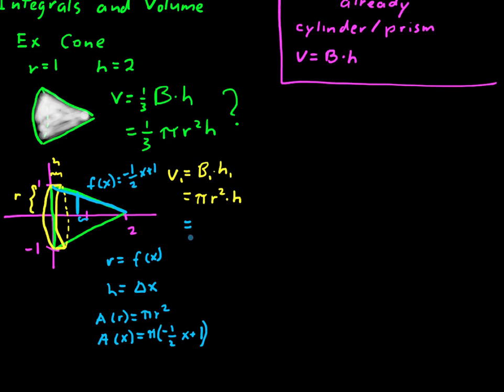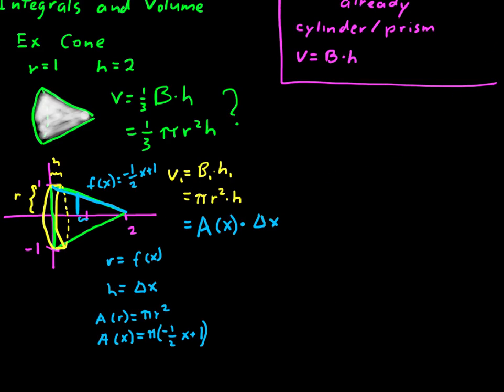But the big idea is this. The volume of any one of my cylinders is going to be some area function, in this case in terms of x, multiplied by the change in x. And we already talked about, as we get more and more cylinders, we get a better and better approximation.